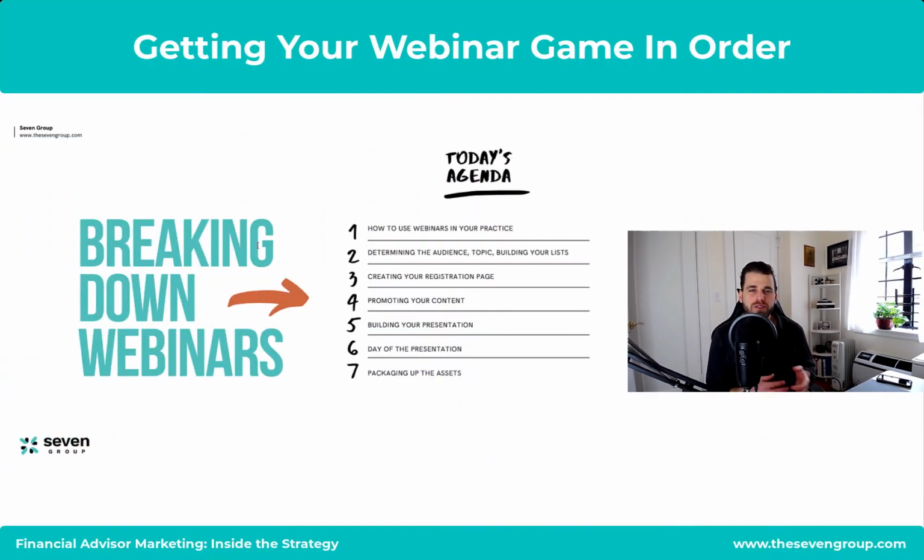So from an agenda perspective on today, we're going to break down exactly the 7 steps, and not that it has any relation to 7 Group, but we're going to talk through the 7 steps as they relate to building that webinar. 1, how to use webinars in your practice, how you should actually be thinking about them. 2, determining the audience, the topic, and then building your lists for distribution and promotion of those webinars. 3, creating your registration page. 4, promoting your content. 5, building your presentation. 6, what do you have to do on the day of the presentation?